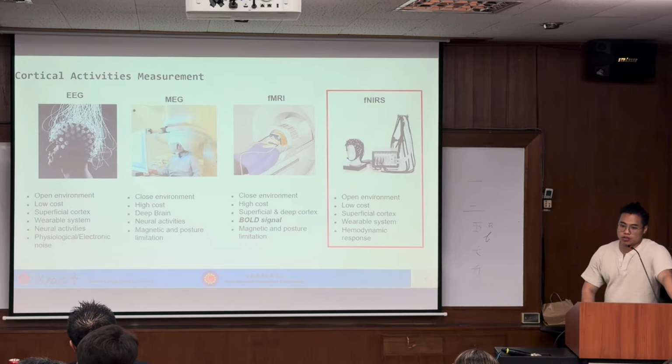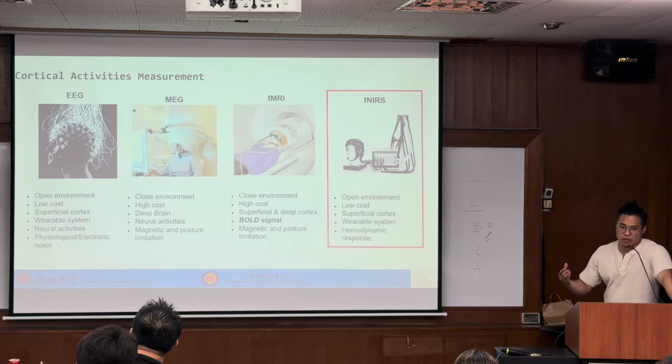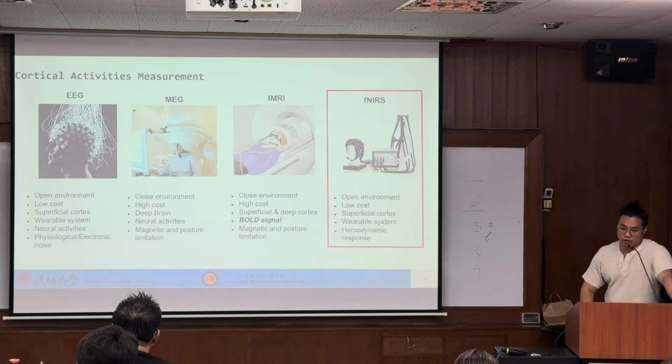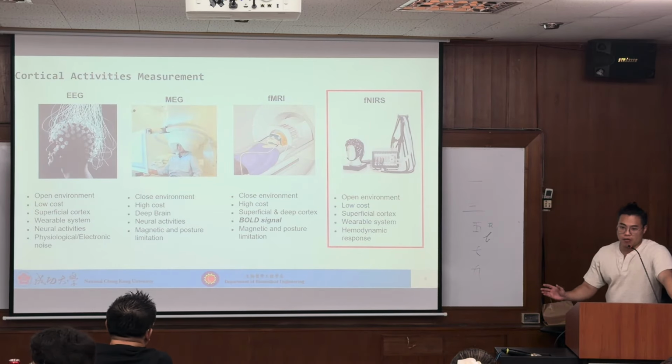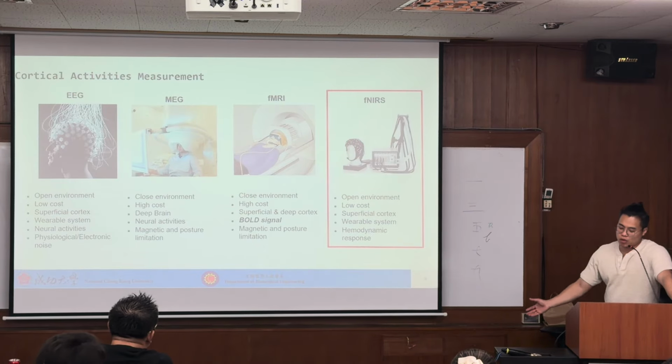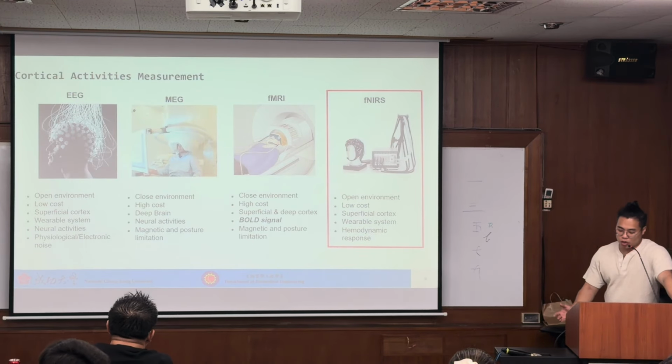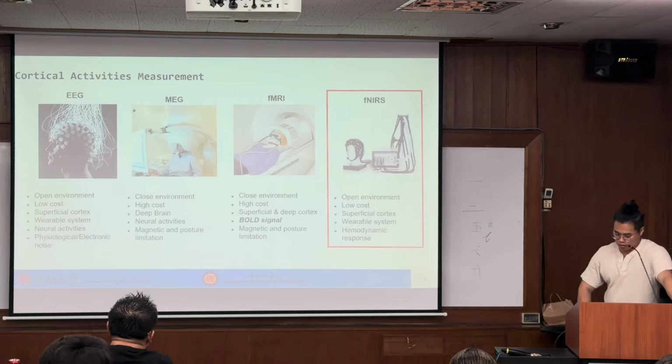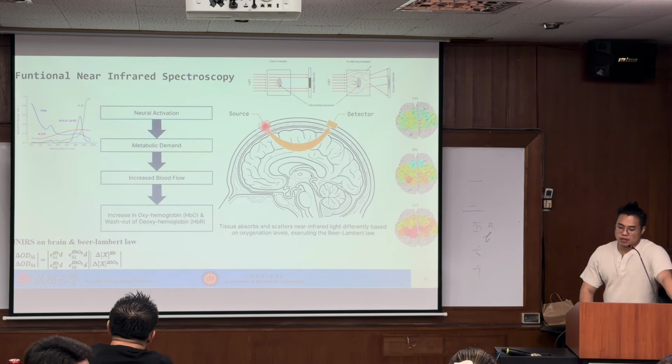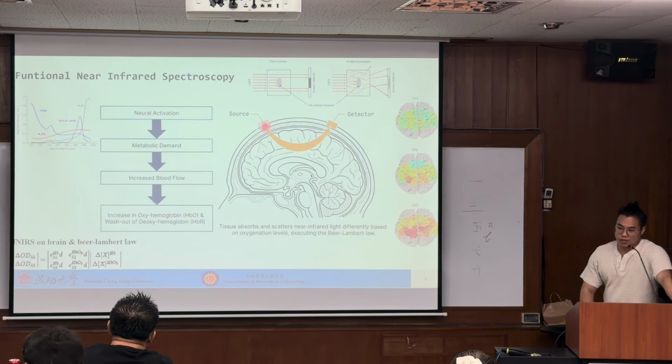So after we modulate and manipulate, how are we going to observe? We use fNIRS. Compared to EEG, MEG, or fMRI, fNIRS makes it possible for us to have a wearable system, with low cost and superficial cortex measurement. So what is NIRS? NIRS is a source with a detector.